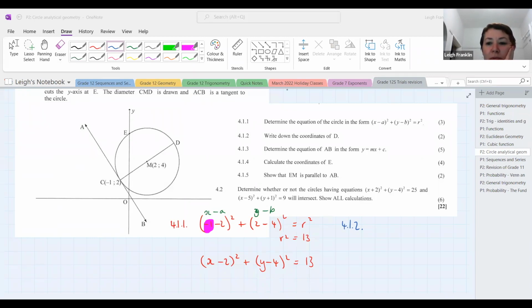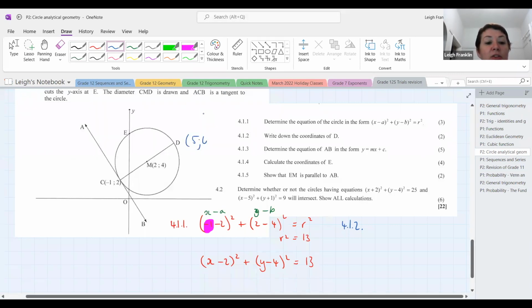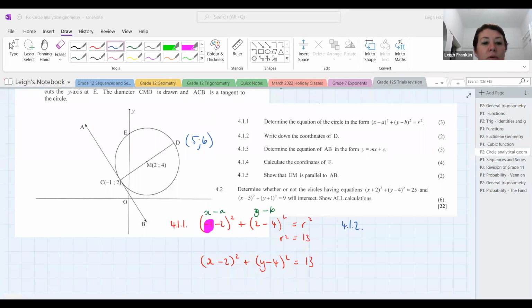Ma'am, I got the answer as 5, 6. Oh, you got the coordinates of D? Yes, ma'am. Okay, so you said 5 and 6. How did you get that, Cornelia? What did you use? Midpoints, and since we have the value of the actual midpoints, just separate the two. Yeah, absolutely, quite right.